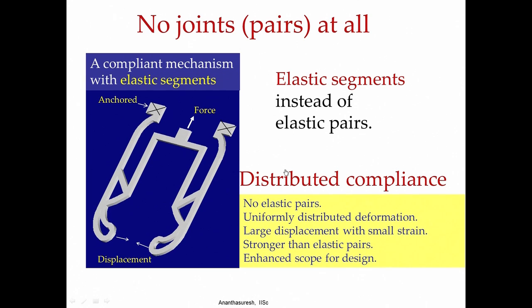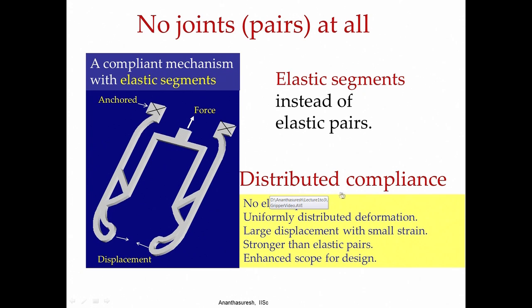Now, having looked at that, if you look at this mechanism, this is a distributed compliant mechanism. There are no elastic pairs here. Even if you want to look for them, you do not find them, you only find long beams and some holes here and there. And how does it work? Again, before I show the mechanism, let us look at the fact that there are no elastic pairs in this.